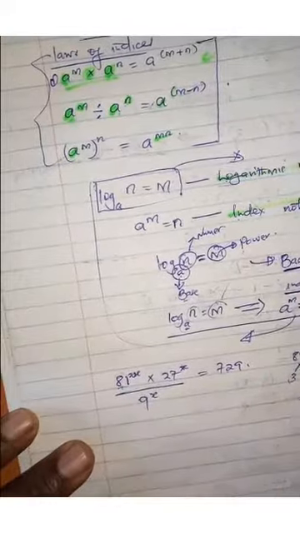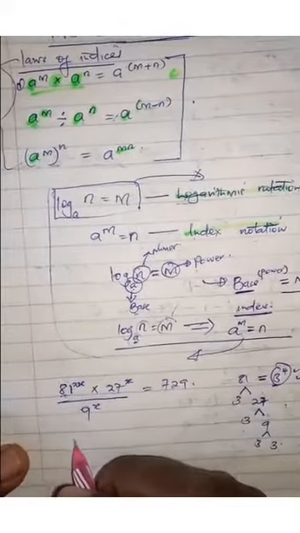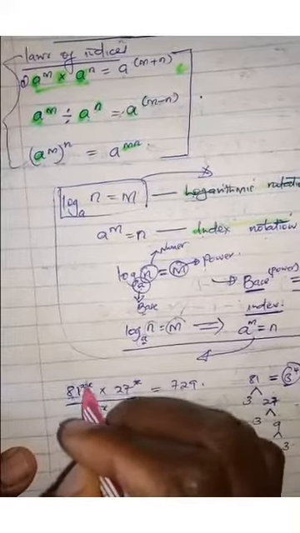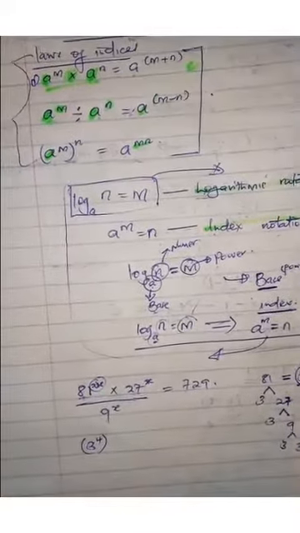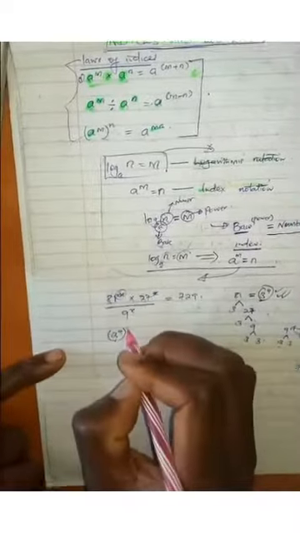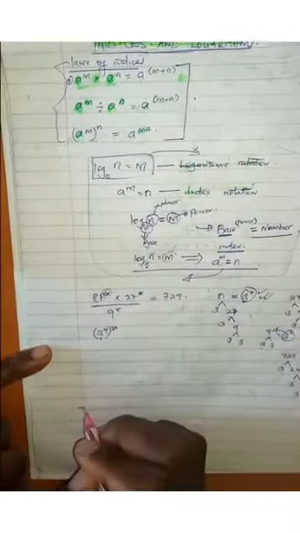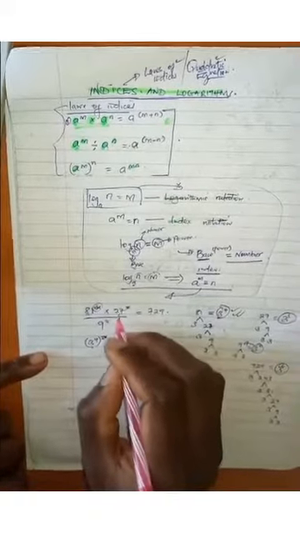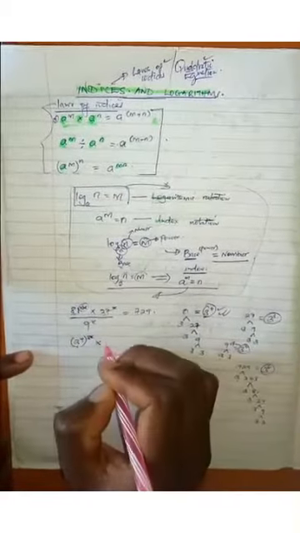So for 81, that is 3 to power 4. So it's going to be 3 to power 4, to power, on the question it had 2x. I hope you can see. 3 to power 4 is 81, to power 2x, times 27 is 3 to power 3.